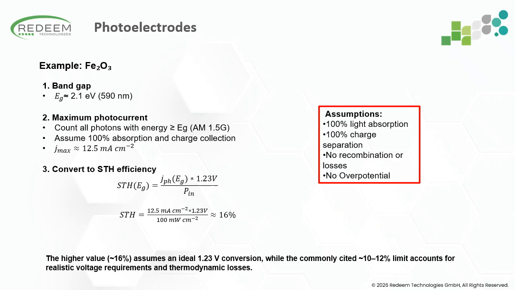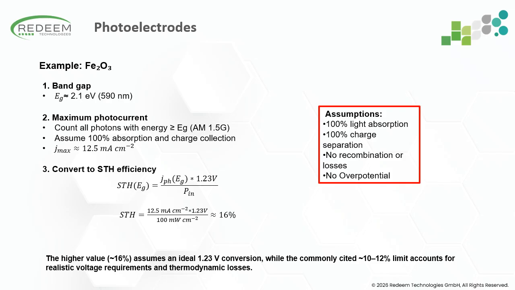This slide now shows how the theoretical efficiency limit can be estimated from the band gap. As an example, hematite has a band gap of about 2.1 electron volts, so it can absorb photons with wavelengths up to roughly 519 nanometers.